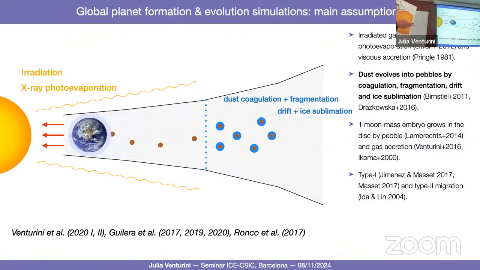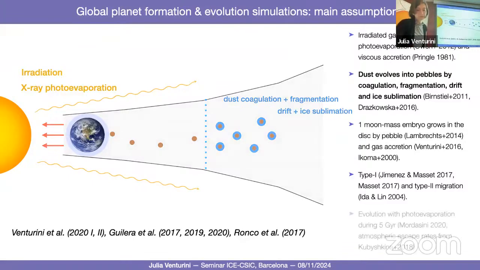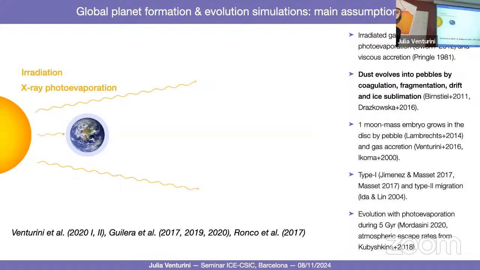This migration typically will move the planet to the disk inner edge. After the disk is dissipated, photoevaporation can act on the whole atmosphere of the planet. If the planet is low mass enough and close to the star, the atmosphere can get completely stripped off by photoevaporation. So all this is included in the model.